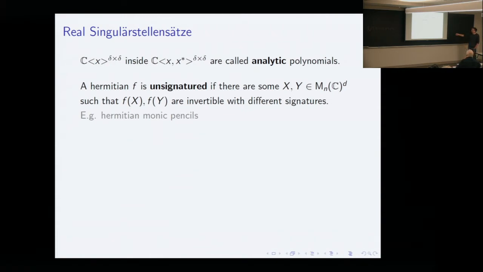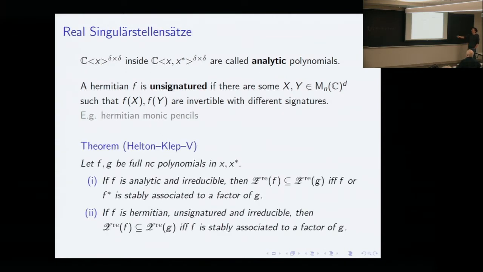And then we have this kind of theorem, so we have a good Nullstellensatz for these types of polynomials. If I take f analytic and g an arbitrary polynomial in x and x star, then real singularities of f are contained in real singularities of g if and only if either f or f star is basically a factor of g.